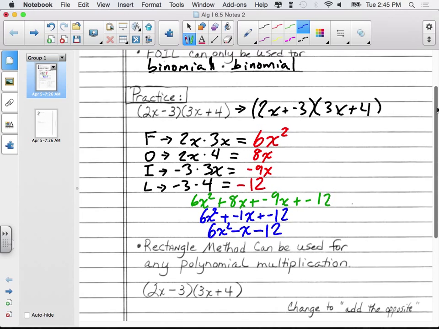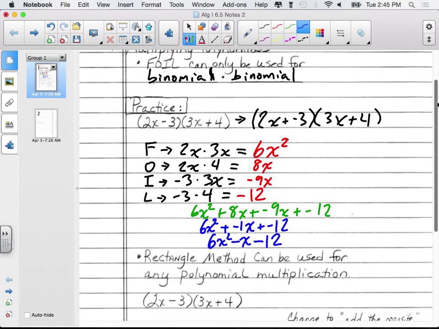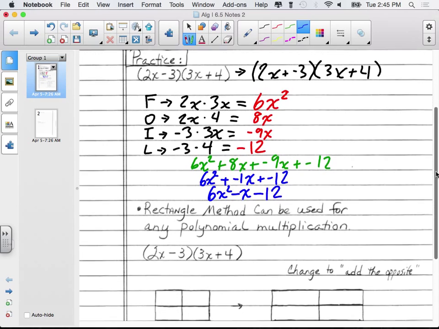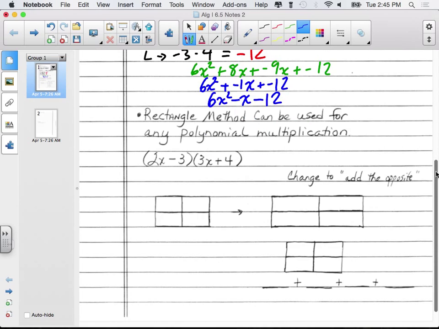Alright, so today we're also going to be learning a different kind of method of multiplying polynomials, and it's going to be called the rectangle method because we're going to make a rectangle and we're going to use it to multiply our polynomials. Isn't it weird how it works out like that?